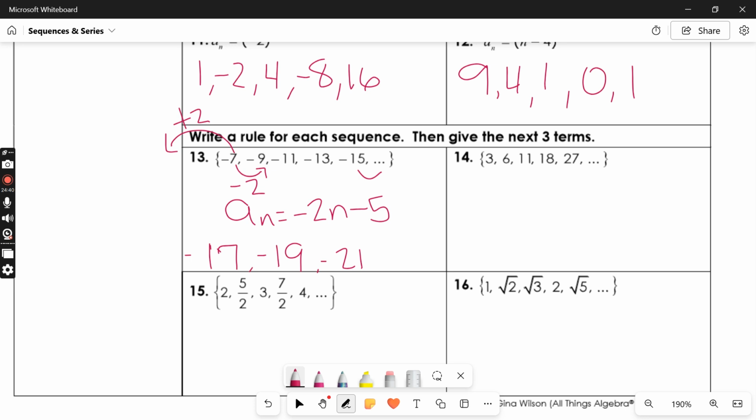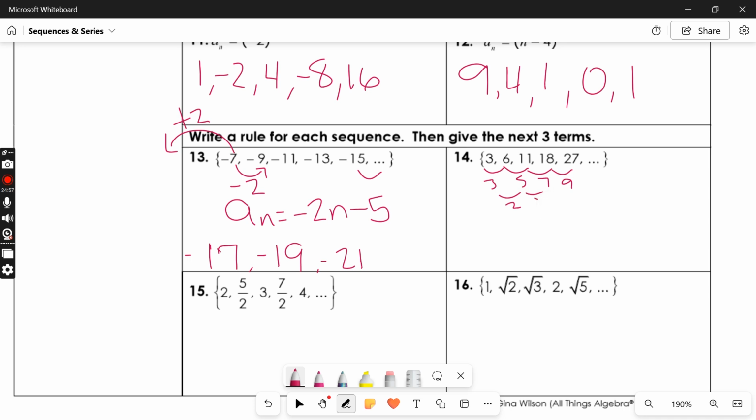Okay, on number 14, this is going up 3, up 5, up 7, up 9. So it does have a pattern here, but it's not the same until that second time.